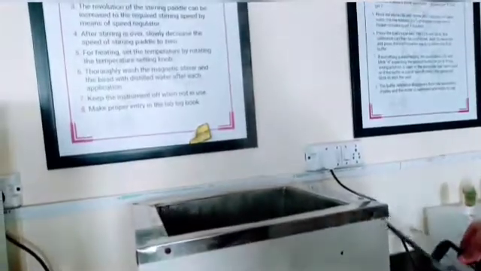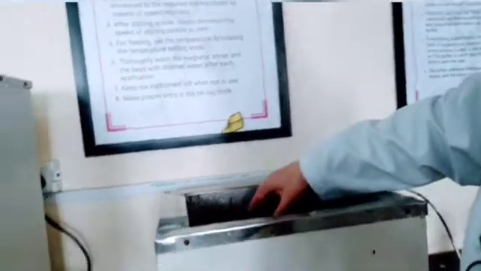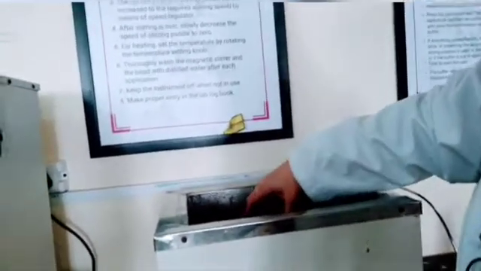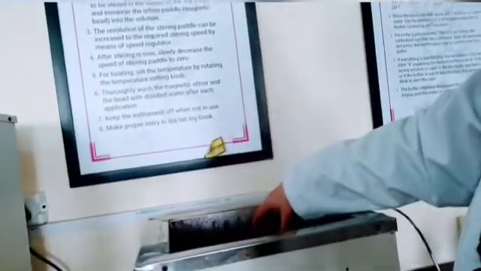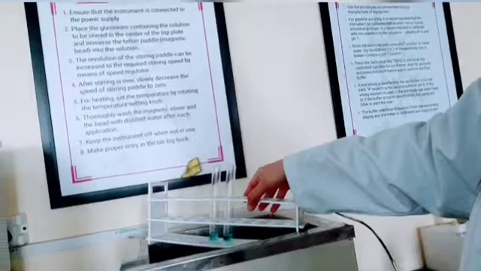Okay, so you can see here boiling water bath is here. So we will just keep it inside.